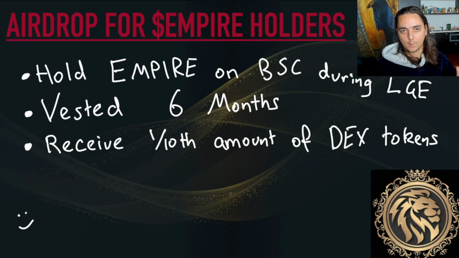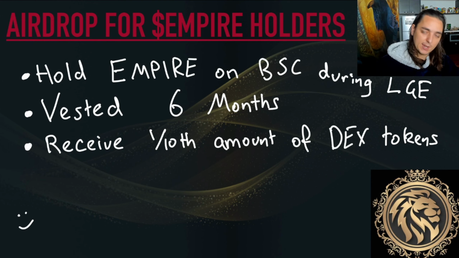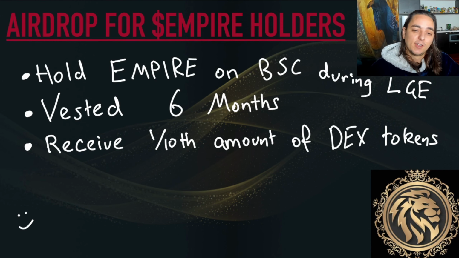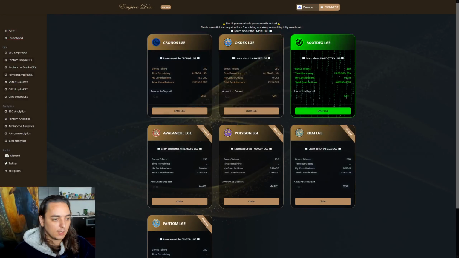So say you hold 100 Empire, and then we do the Fantom LGE, which has already happened. You're locked in for 10 FDEX after 6 months. And then we do another LGE for Avalanche, and then you've got 10 ADEX in 6 months, etc., etc.